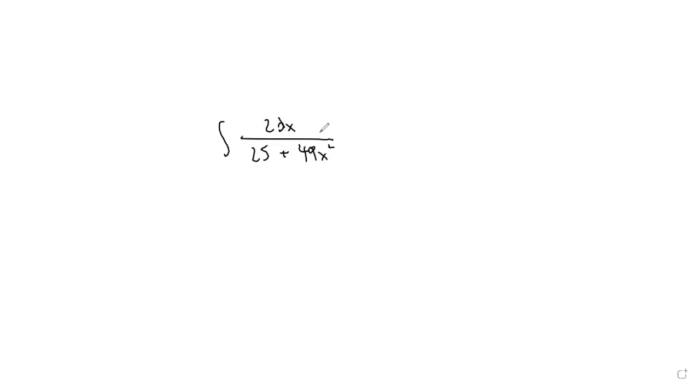Okay, so this is going to be one of our inverse trig functions. It looks like it's in the perfect form for that because on the bottom you have a thing squared plus another thing squared, which I'll reorganize in a second.